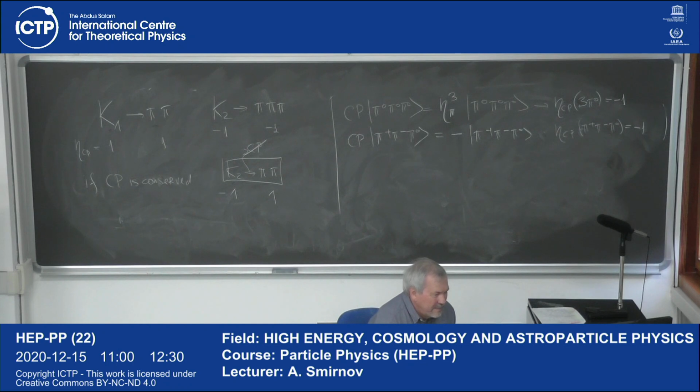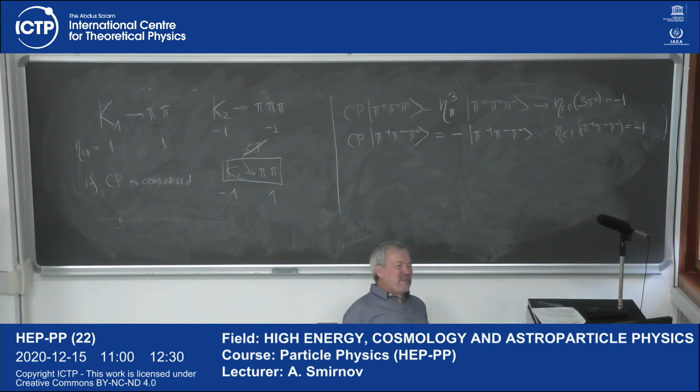When we define K1 and K2 as conventional combinations of K0 and K0 bar, experimentally, how do K1 and K2 differ? Oh, that's what I will discuss. This is non-trivial, right? That's why the experimentalists got a Nobel Prize for this. So how do you get the beam? That's your question, so wait for tomorrow. I don't want to say this in advance. But you can think about how to do this, by the way.